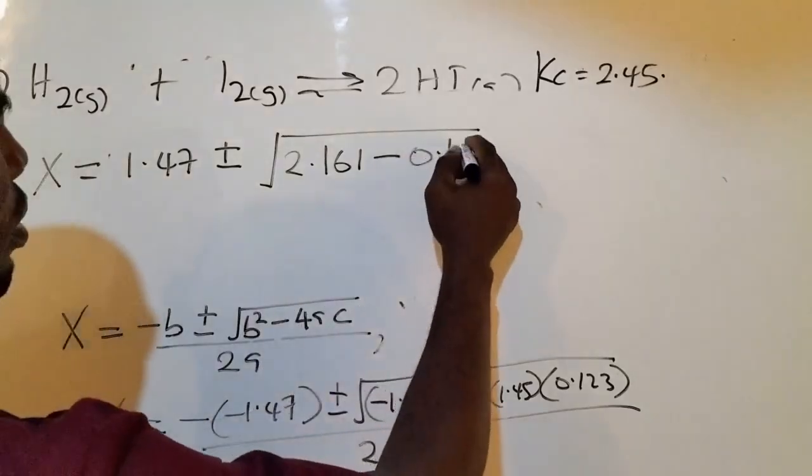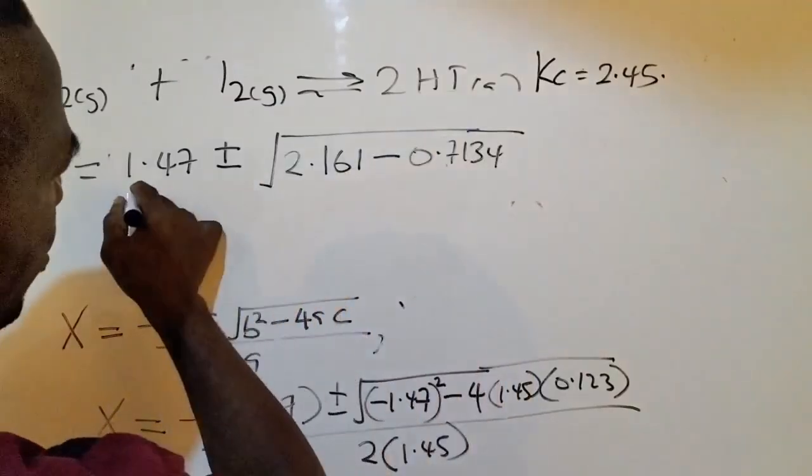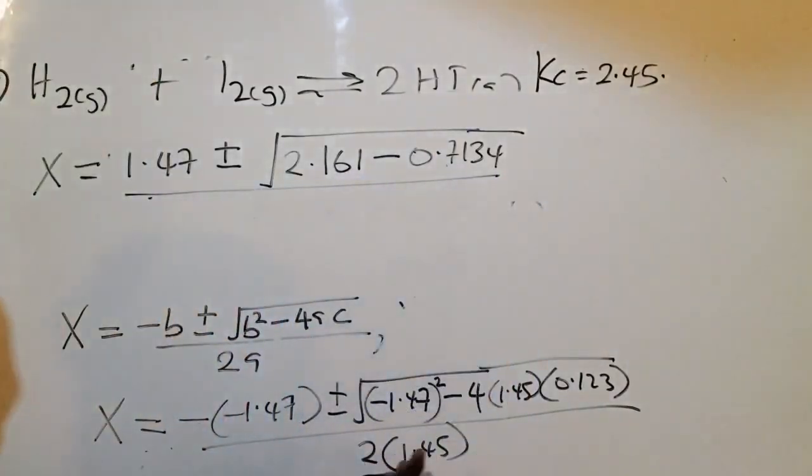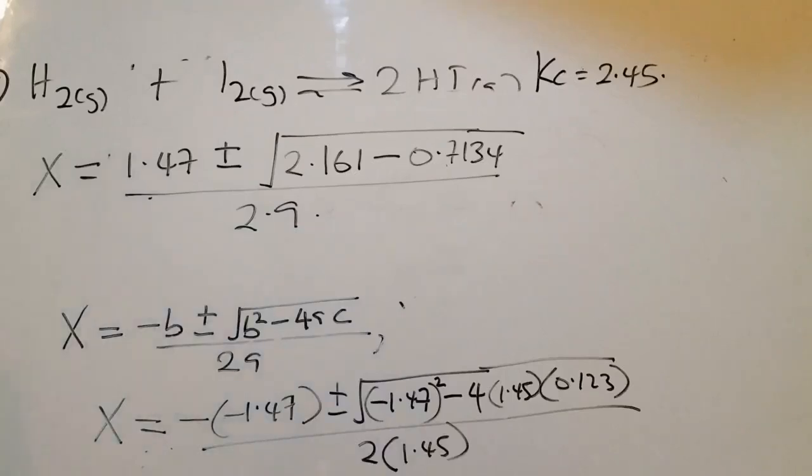So 0.7134, everything over 2a. That is 2 times this, giving us 2.9.